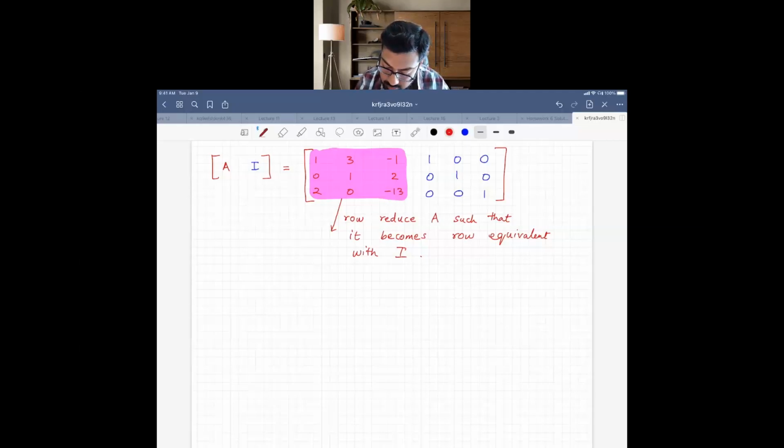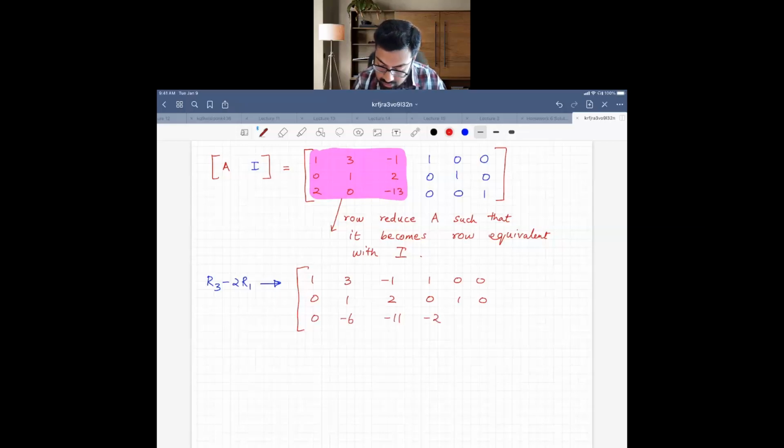The first step I'll do is row 3 minus 2 times row 1. And if I do row 3 minus 2 times row 1, I'm going to have 1, 3, negative 1, 1, 0, 0. Row 2 also remains the same. And then I have row 3 that changes to 0, minus 6, minus 11, minus 2, 0, 1.